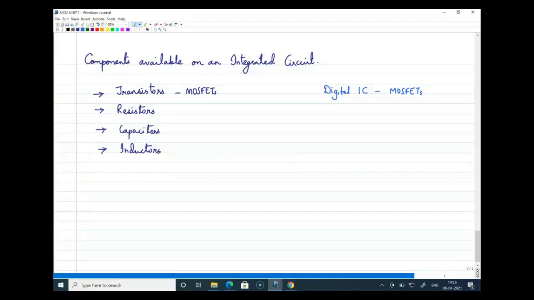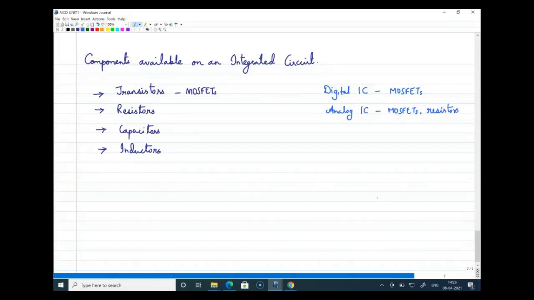Now, when you come to analog integrated circuits, the course about analog IC design, apart from MOSFETs you will see a few more components. One component you will see along with MOSFETs is sometimes resistors, because most of the time even resistors will be replaced using MOSFETs in ICs, but in certain cases we will use resistors.